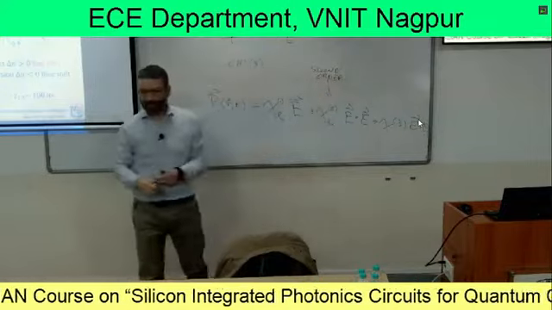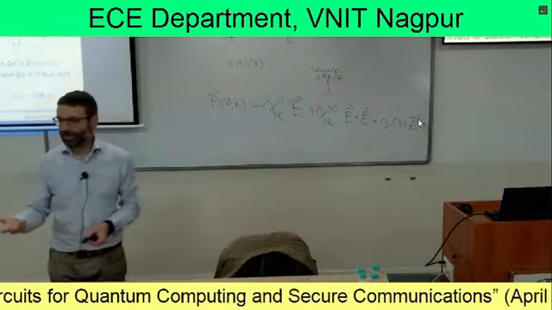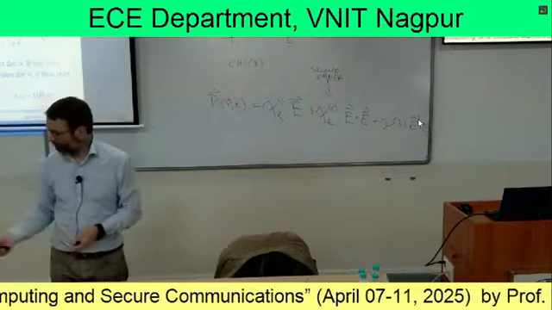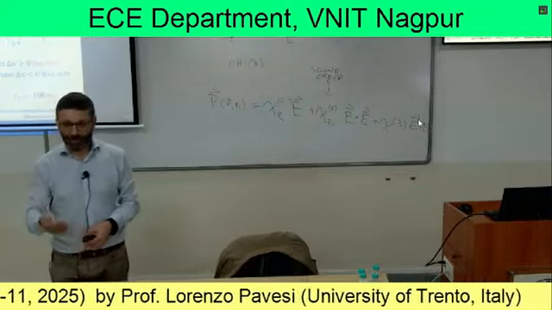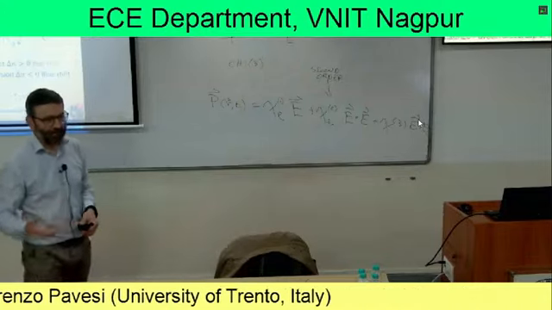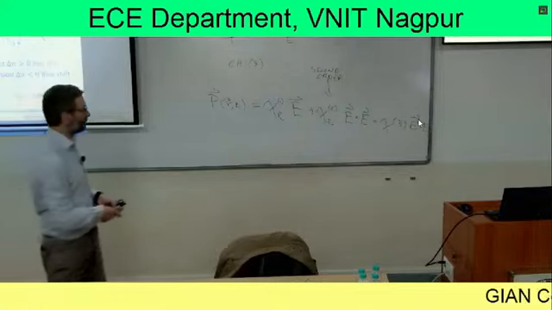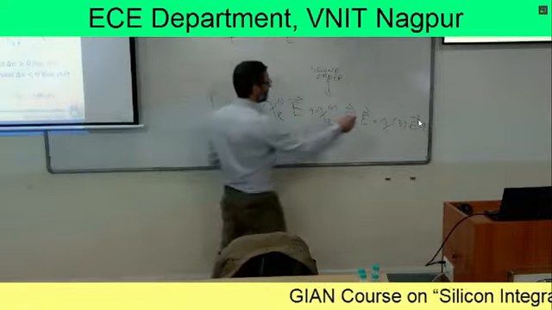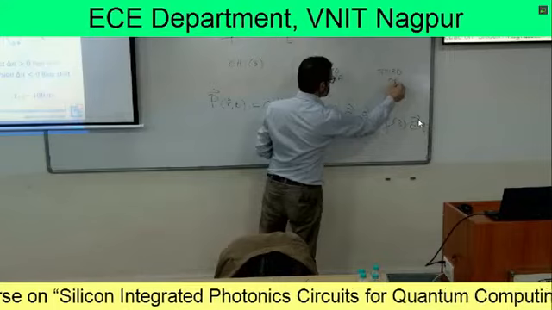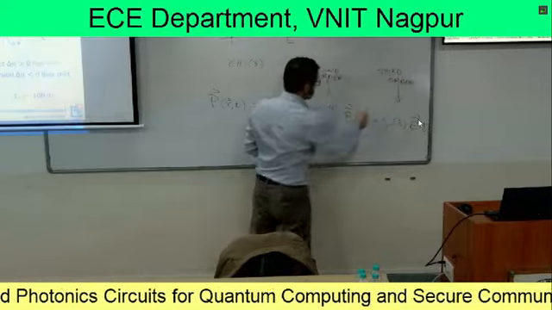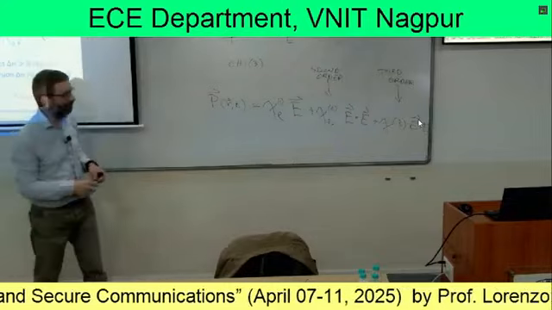And the second order nonlinearity is the reason why, for example, you have second harmonic generation. With the third order nonlinearity, you may have third harmonic generation, and all effects like that one. And this is third order. And so those are the nonlinear response of the material.